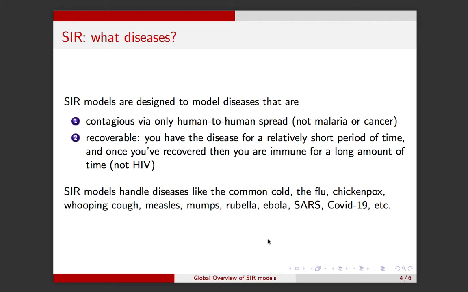And also diseases that are recoverable. So you have the disease for some amount of time, and once you've recovered, you're immune at least for a while. So we're not talking about HIV here, which certainly is contagious via human-to-human contact, but HIV is not recoverable in this sense. So you should be thinking things like the common cold, flu, chickenpox, whooping cough, Ebola, SARS, COVID, all things like this. SIR can try to model those things for you.